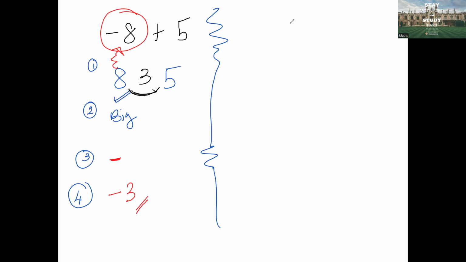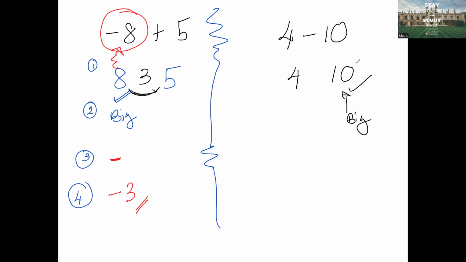Let's say 4 minus 10. Let's go through. Forget about the sign and write the numbers. Then you have to see what is the big number. So this is the big number.